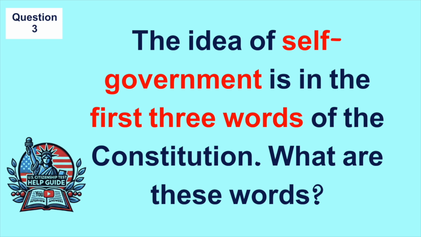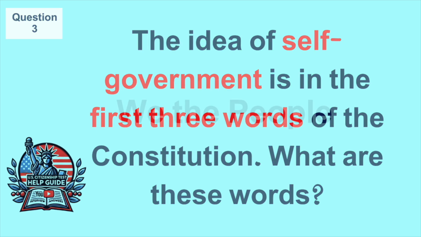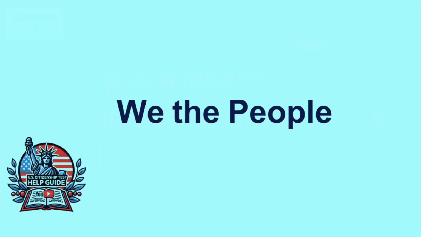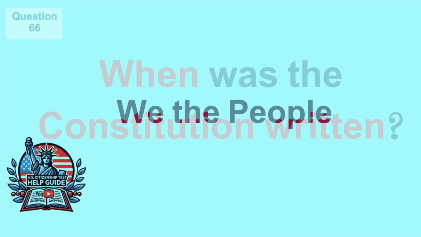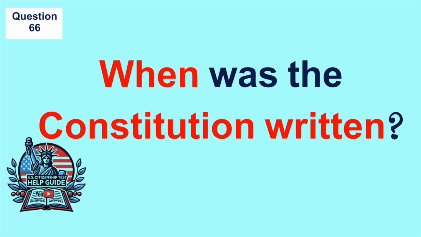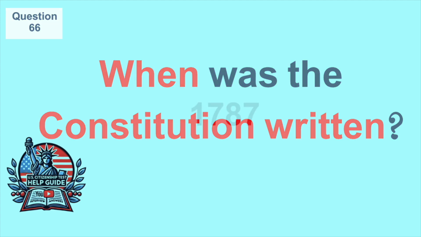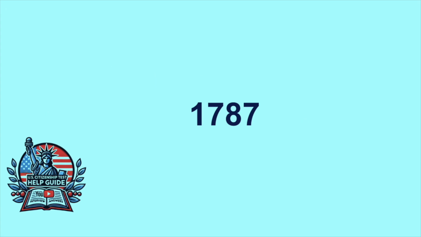What are these words? We the people. When was the Constitution written? 1787.